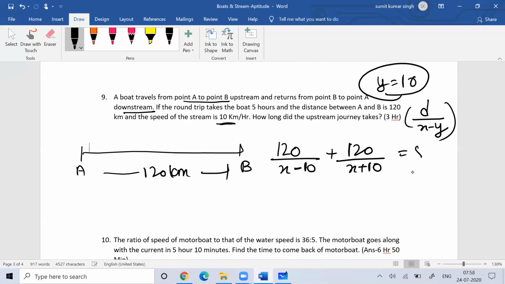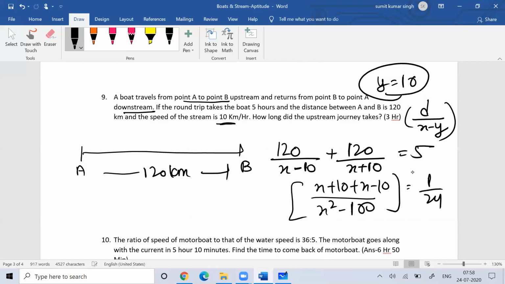And the round trip takes 5 hours. So 1 by x square minus 100, that is x plus 10 plus x minus 10, so that is 1 by 24.